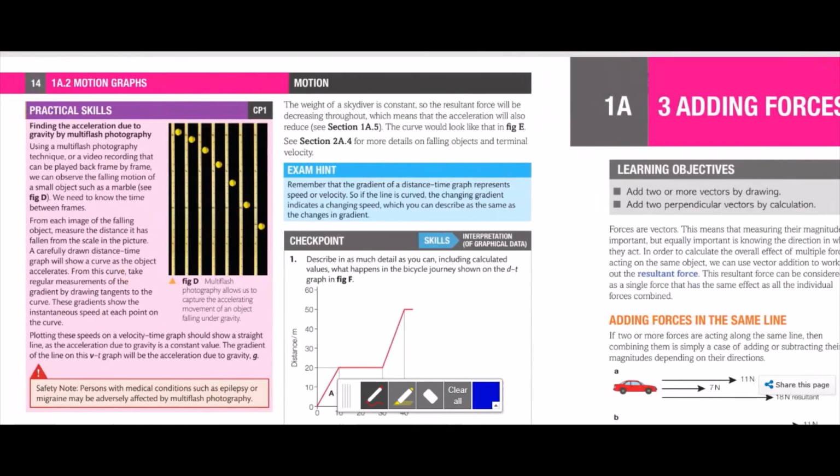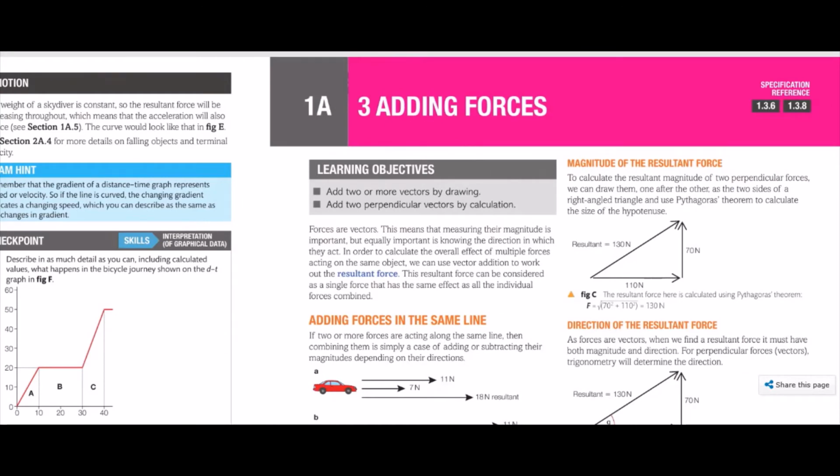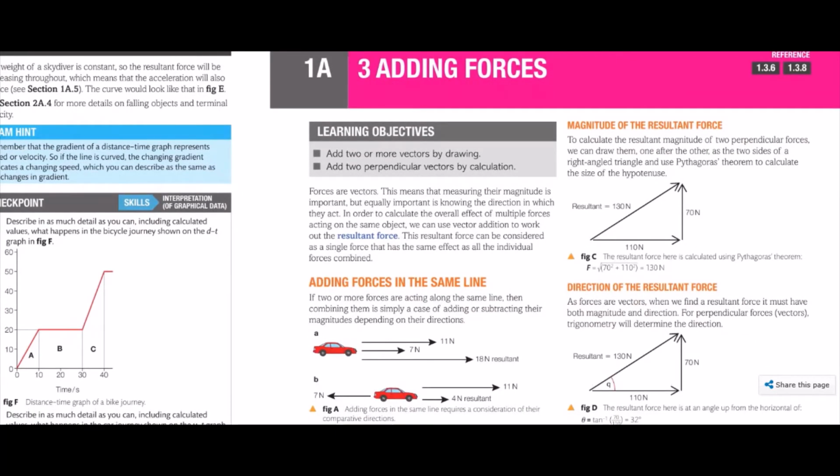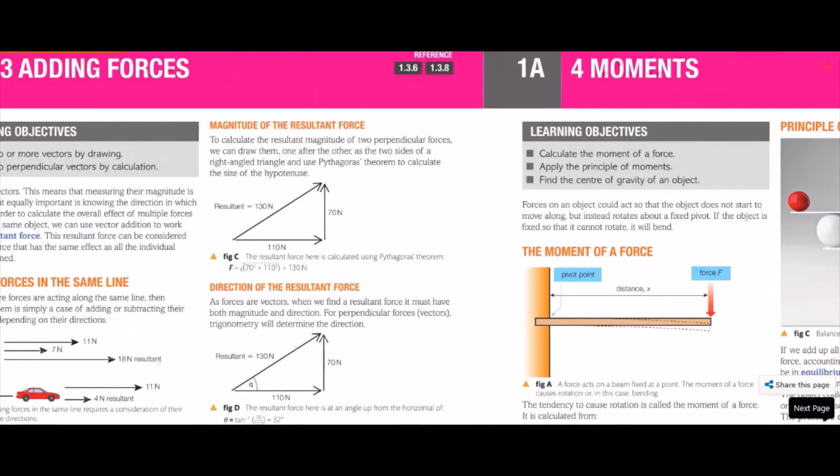If I go back to the previous page, oops, sorry. So it is similar to the second case here, where you have a triangle. So in this case, you can apply Pythagoras theorem and find the resultant force.